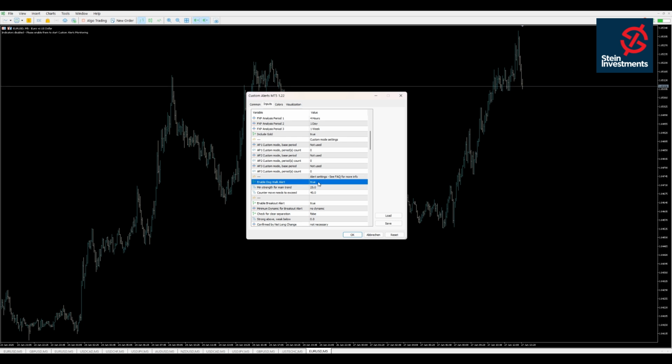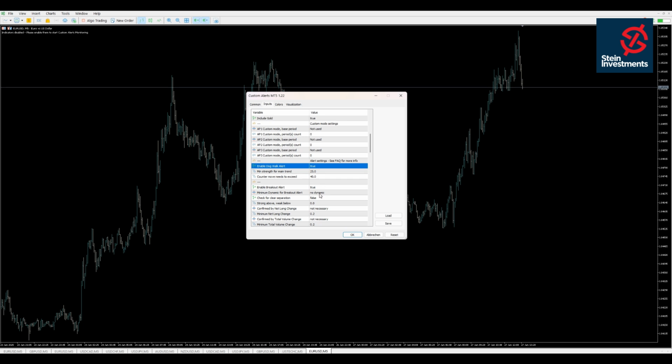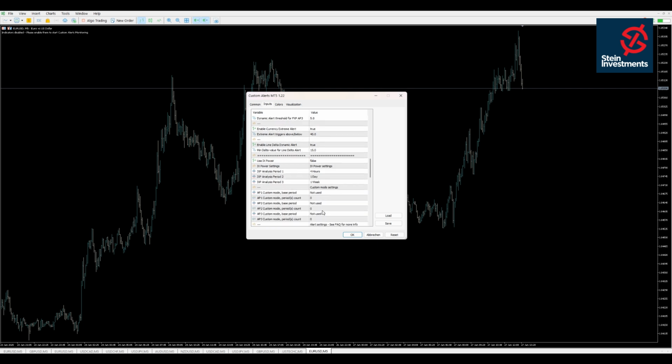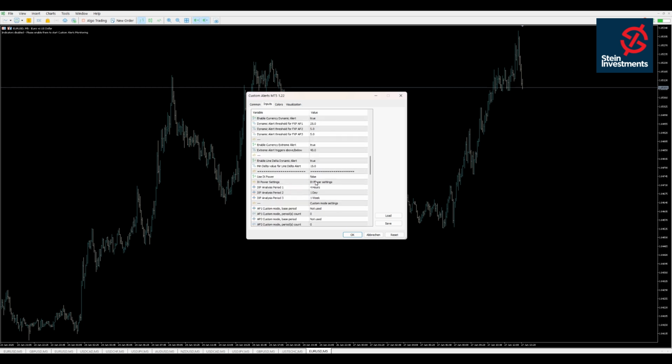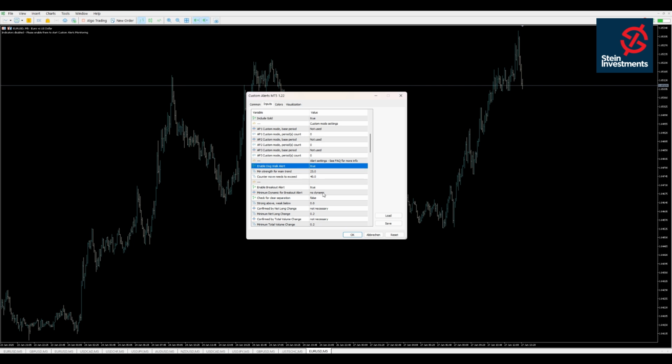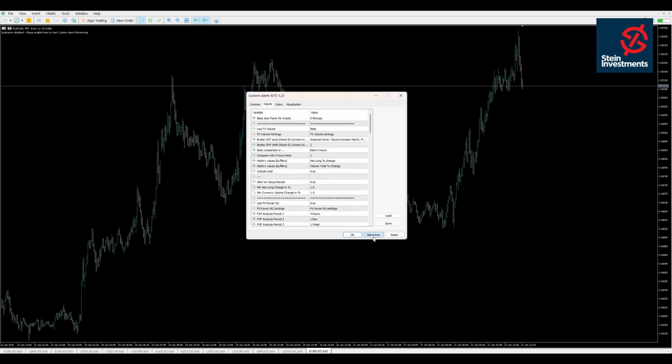You don't have to monitor the charts all day or every market all day. Just run one instance of Custom Alerts, configure the alerts you want to be informed about, and you'll be up to date. Details about the settings here and what all these parameters mean and what alerts are possible, you will find on our Custom Alerts FAQ, which is also linked at our Stein Investments page.